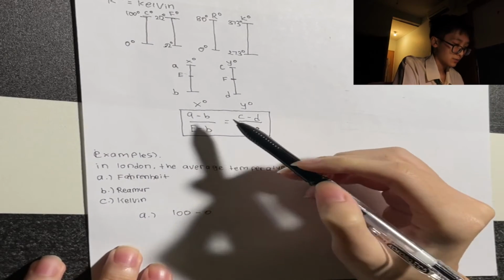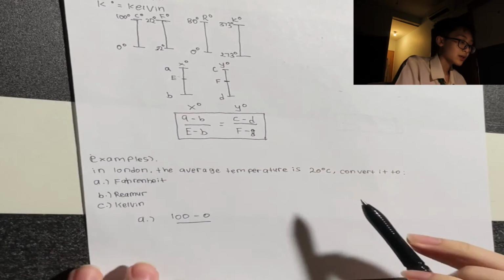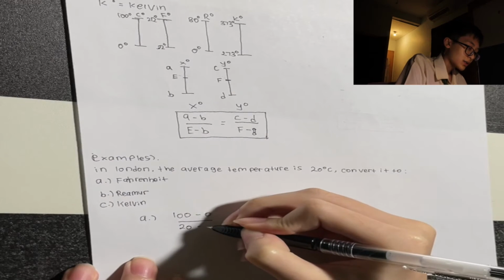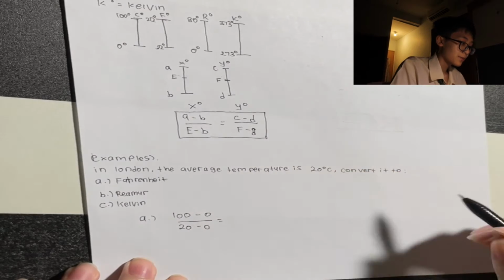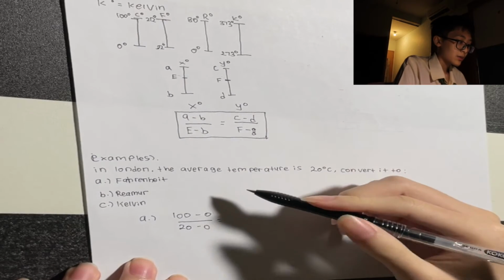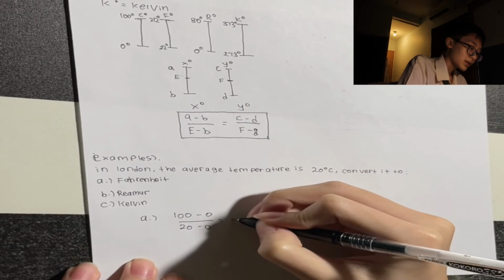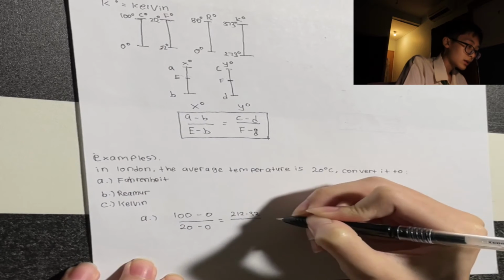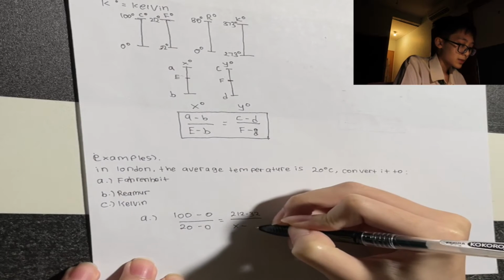Boiling point minus freezing point, and the value is 20 degrees minus the freezing point, equal to Fahrenheit. Let's look at Fahrenheit. Boiling point minus freezing point, and the value which we don't know, which is x, subtract 32.